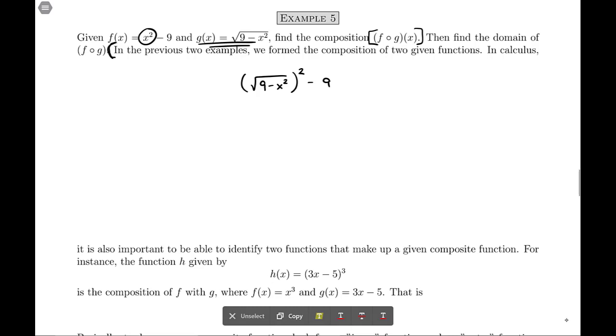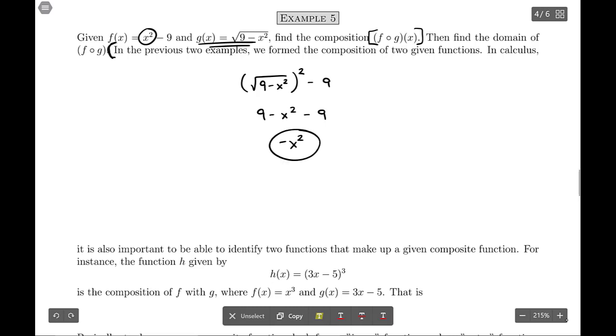When we square root, the square root just disappears, essentially. 9 minus 9 is 0. What we're left with is negative x squared. And the domain of this function is all real numbers, because we can place any x value into this function and generate an individual y value. So we have a domain of all real numbers.